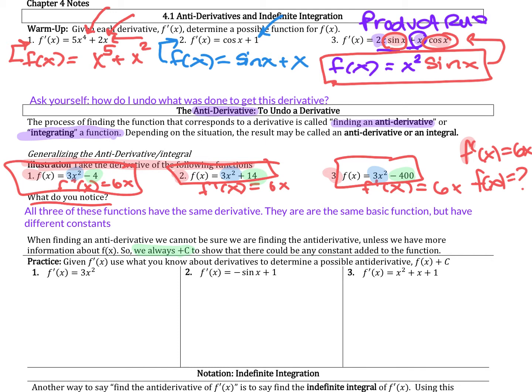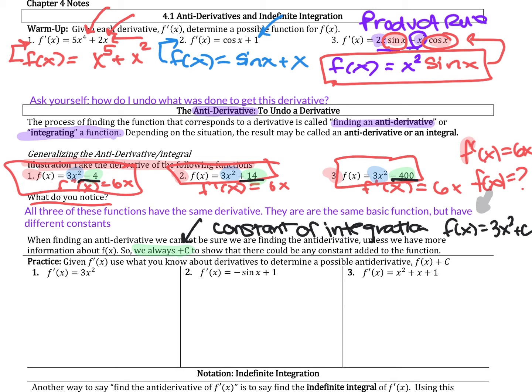So looking back at this example, what is f of x, we could say that f of x is 3x squared plus some c value, and that c value is saying it could be any of these functions or an infinite number of other options as well. So plus c holds the place of some arbitrary constant, and we call that plus c the constant of integration.